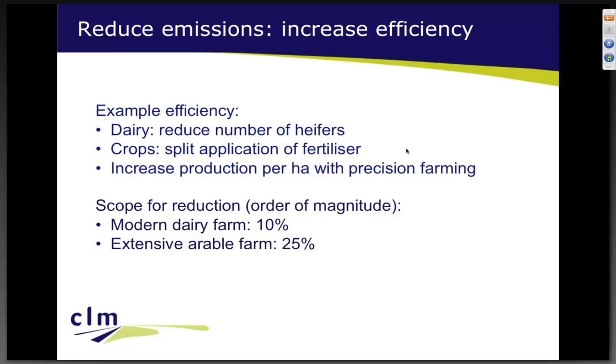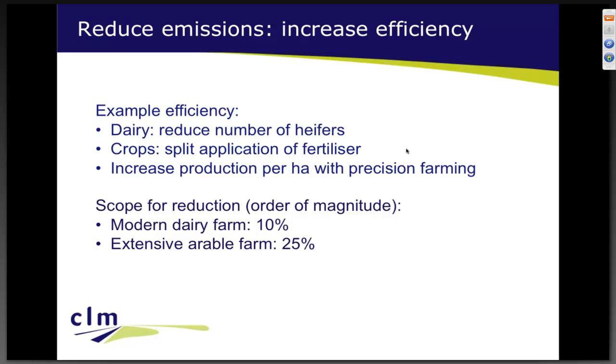Efficiency increases will help reduce emissions, and I've just put a few examples in here. In dairy, for instance, farmers have a sort of reserve herd of younger cows, heifers, eventually going to produce milk. If you reduce the number of that, you increase a bit of risk, business risk, but you do reduce a lot of emissions because these animals produce greenhouse gas but not milk.